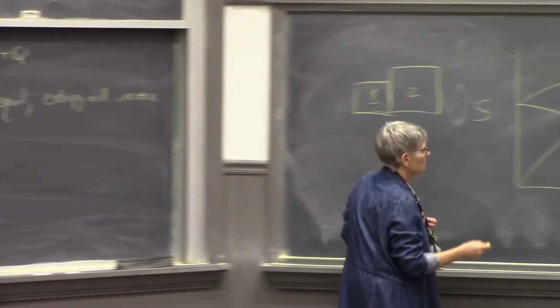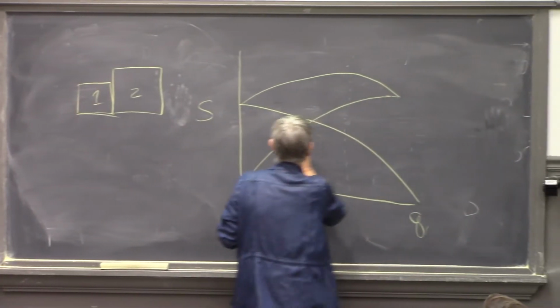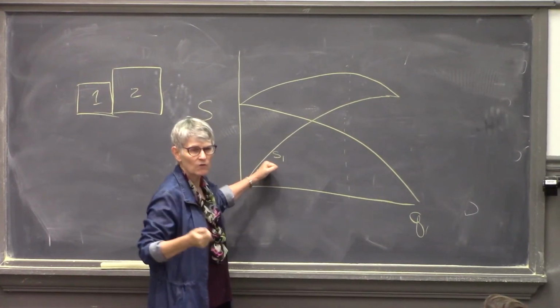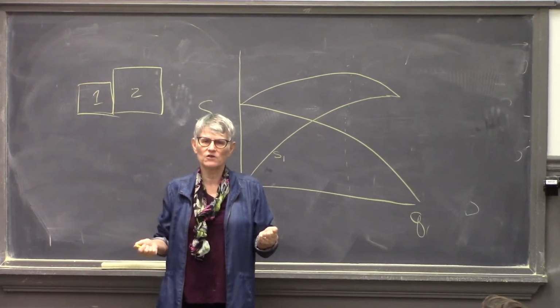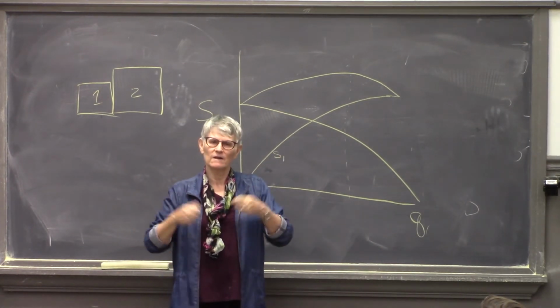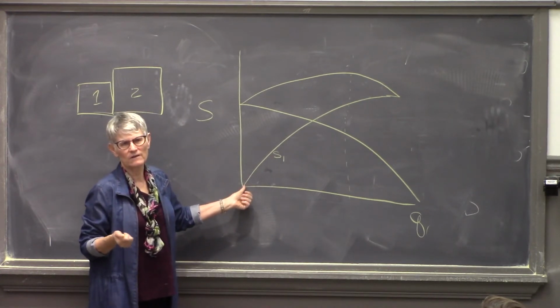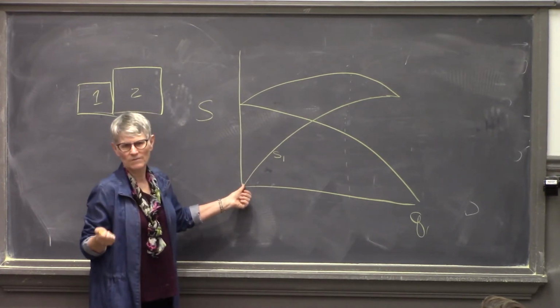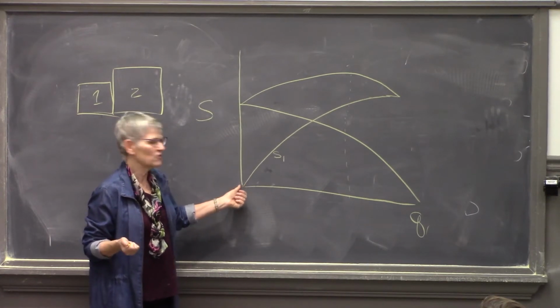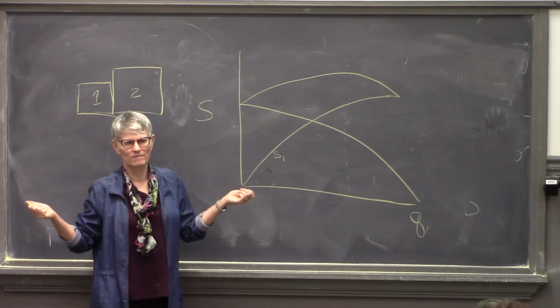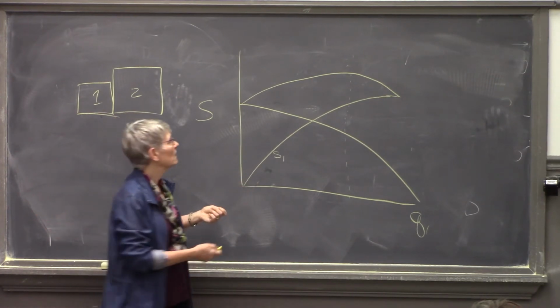This is the entropy. So this red graph is the entropy of block 1: the number of ways of arranging the amount of energy that's in block 1 in the available oscillators. It's 0, or it's 1 when there's no energy in block 1, because there's only one way of arranging 0 energy in lots of oscillators.